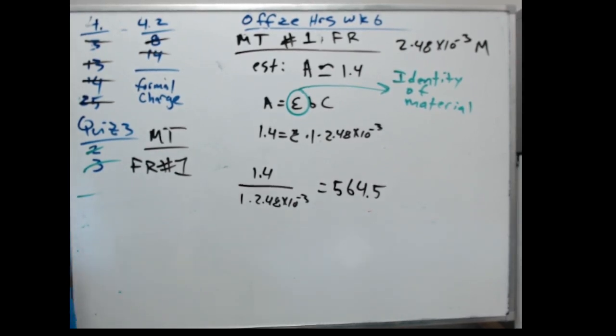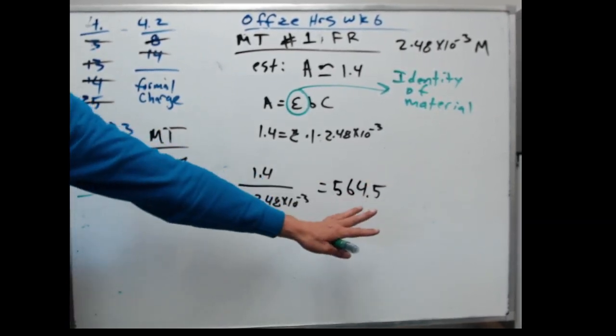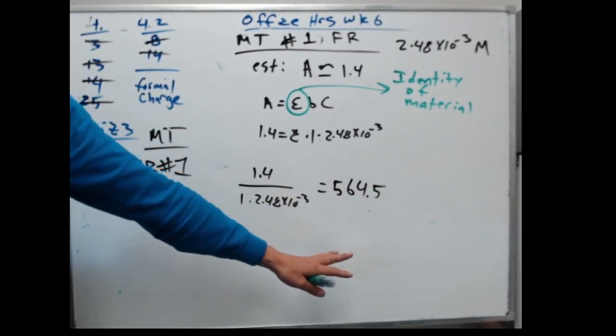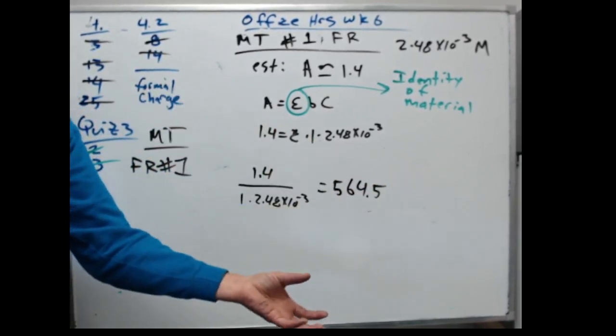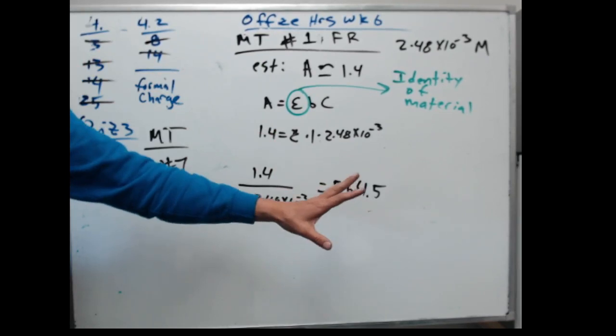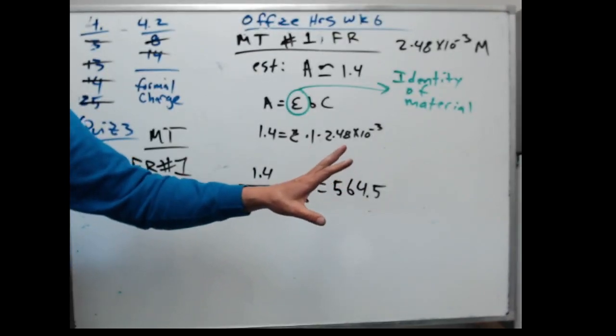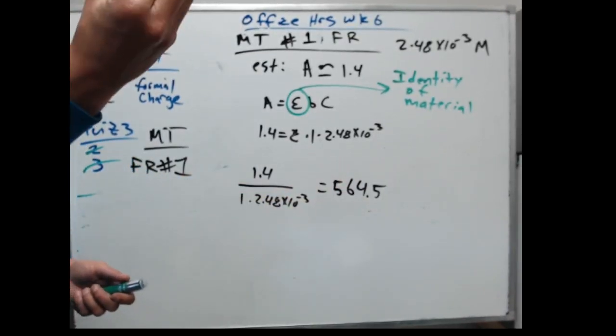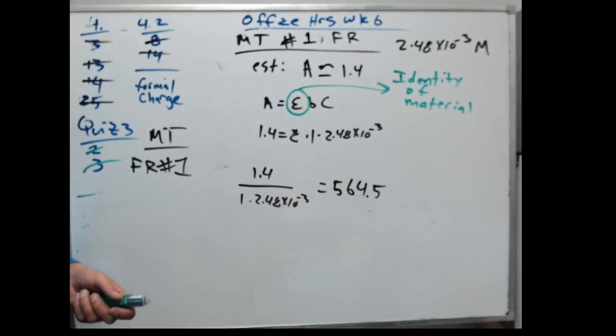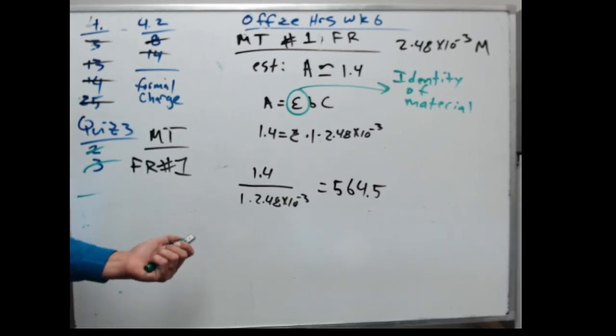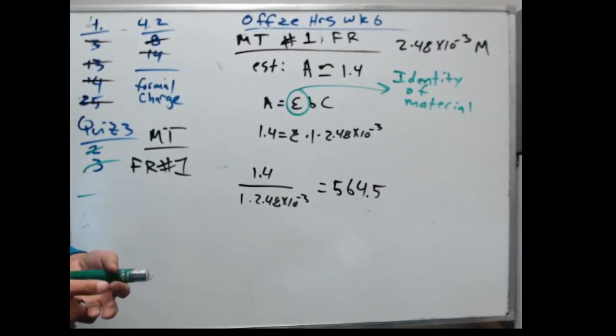If you switch from gold to silver, now you're talking about two different materials with two different densities. If you change from blue dye to red dye, you're talking about two different molecules with two different epsilons. If you switch from hemoglobin to oxygenated hemoglobin, you've actually changed the molecule and the way it interacts with light. It's like you've got a whole new compound in there because of that reaction.